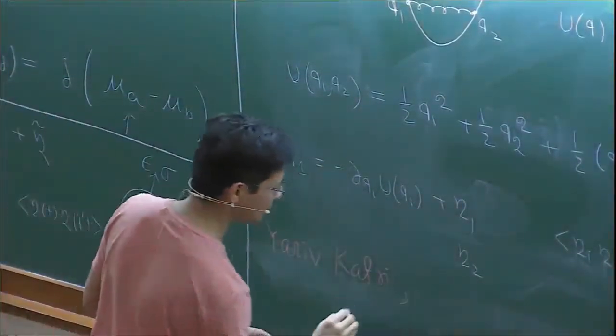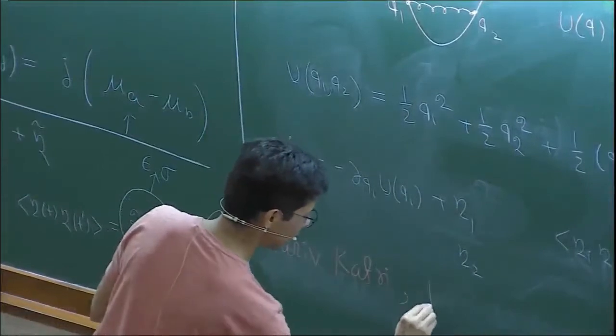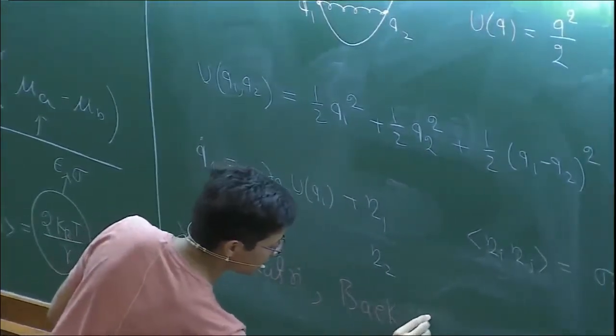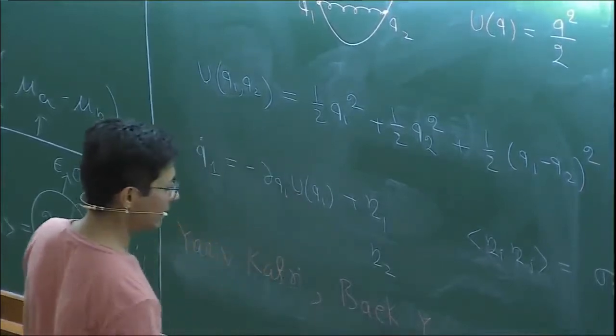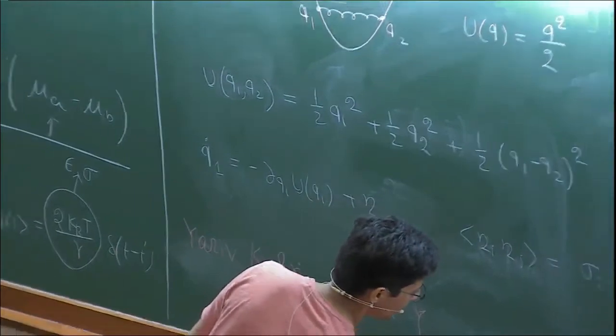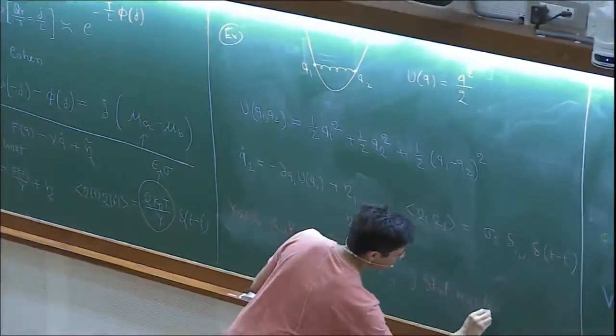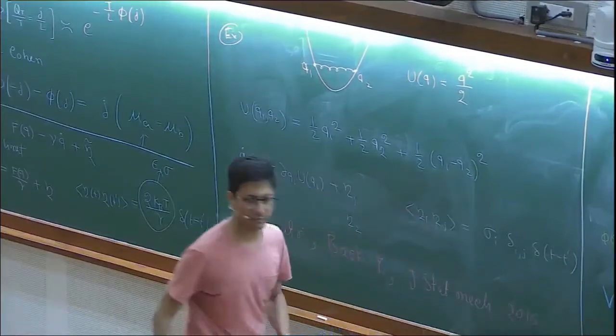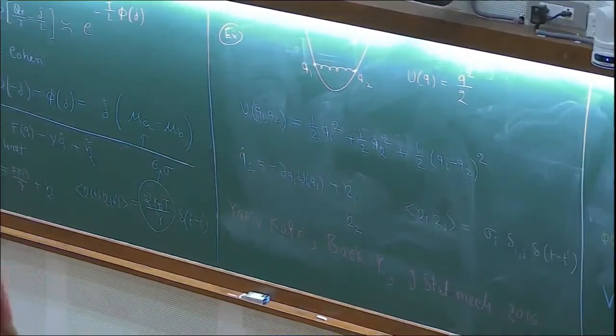They have also written a nice article. The second author is, I think, Yuju Baek. I don't remember the exact reference, but it's in JSTAT, I think at the very beginning of 2016.